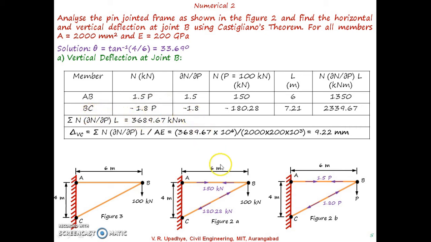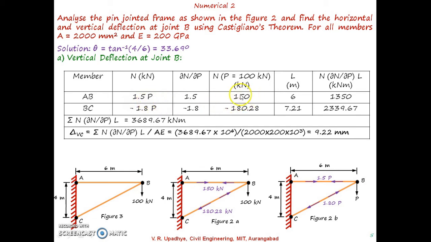Initially the real force is 100 kilonewton. It is not P, and P is the assumed force. So if we now consider the real force in column number 4, with P as 100 kilonewton, the member force becomes 1.5 into 100.